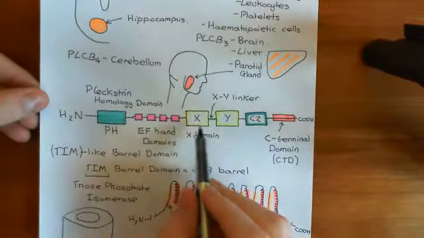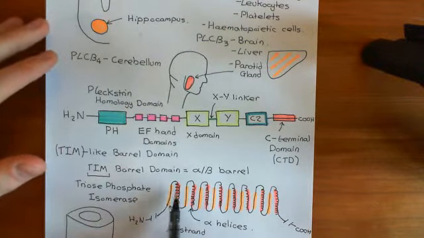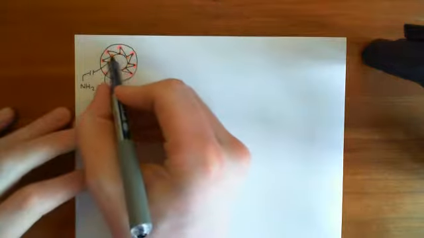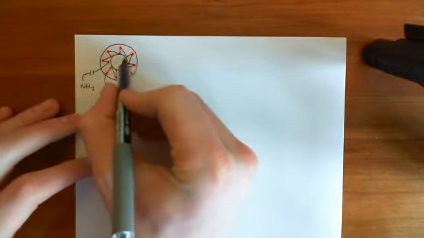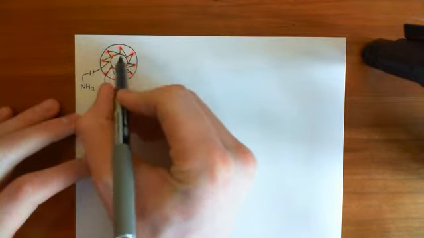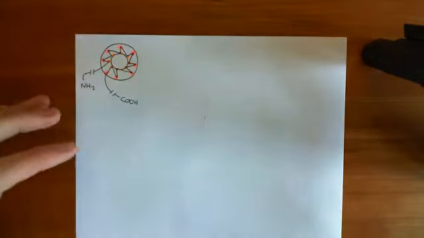Basically, that X and Y domain consists of portions like this, where you've got alternating beta strands and alpha helices. Okay, and I'd just like to stress one more thing before we move on, that these beta strands here are all interacting with each other, and effectively they're forming a nice beta-pleated sheet there. Okay, it's wrapped around in a cylinder-like shape, but it is a beta-pleated sheet.